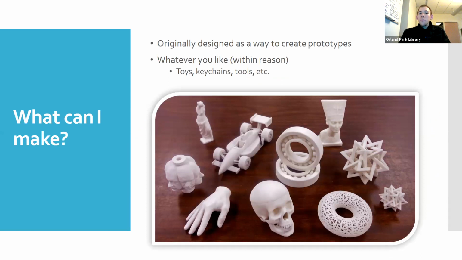And what can I make, you may ask? Usually with 3D printing, it was originally designed as a way to make prototypes. So anything you can think of from the beginning of commercial use, for instance, action figures, or if you want to make stop motion movies, a lot of times they used 3D printed prototypes like you see in CG stop motion movies.